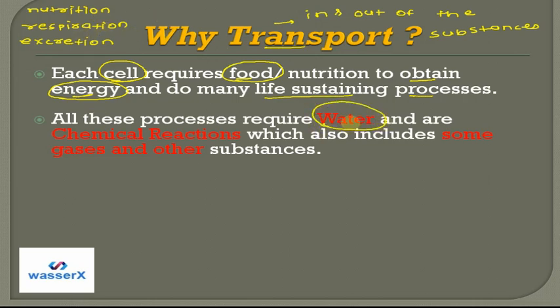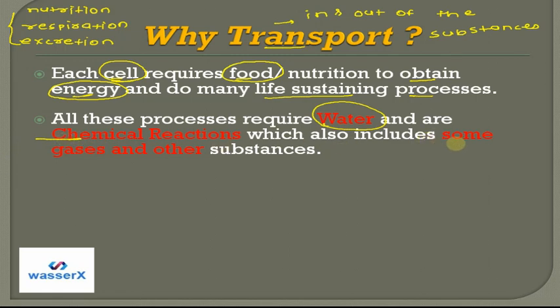We usually make sure that in our whole day, we consume enough amount of liquids, right? So from that liquid, the water comes or goes to the cell. So all these processes require water and they are chemical reactions.